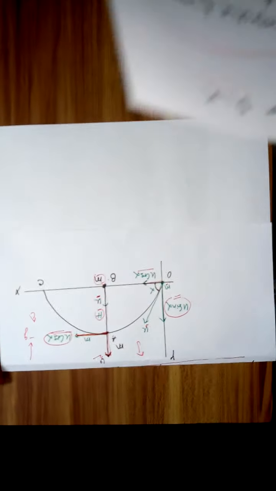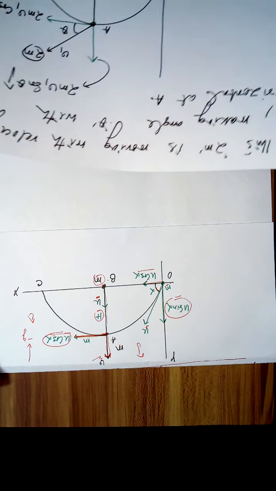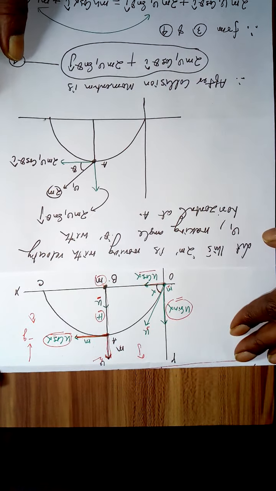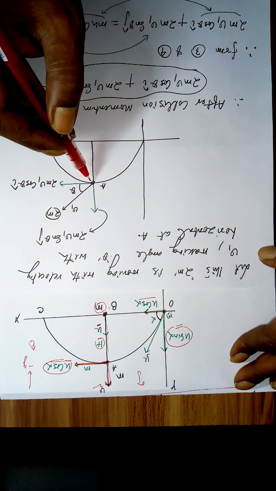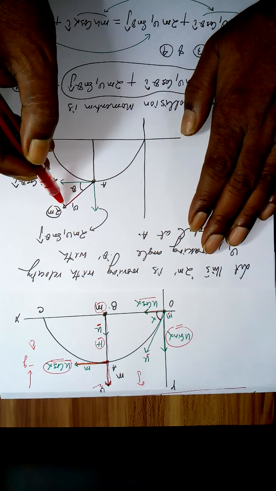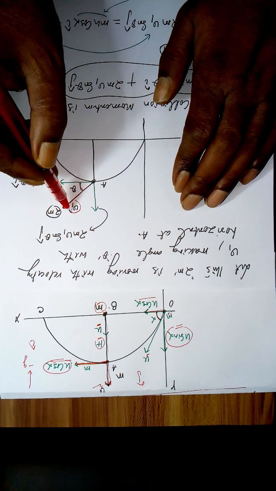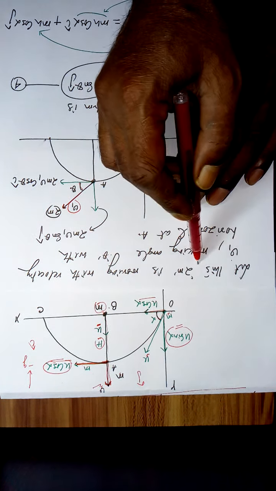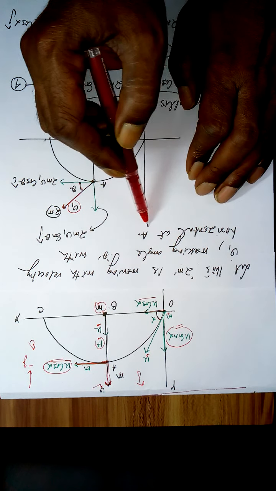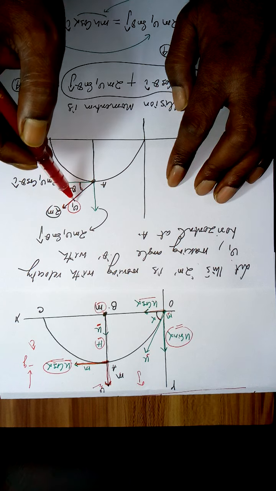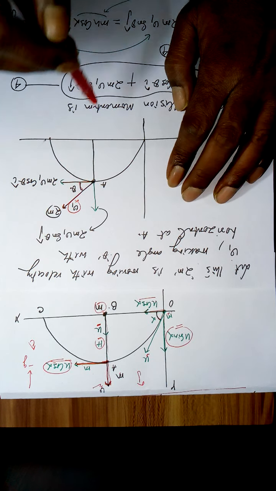Let that 2m mass, which after collision at A is moving to this side, we don't know with what angle, that we have to find out, with a velocity v1. Let this 2m be moving with a velocity v1 making angle theta with the horizontal at A.